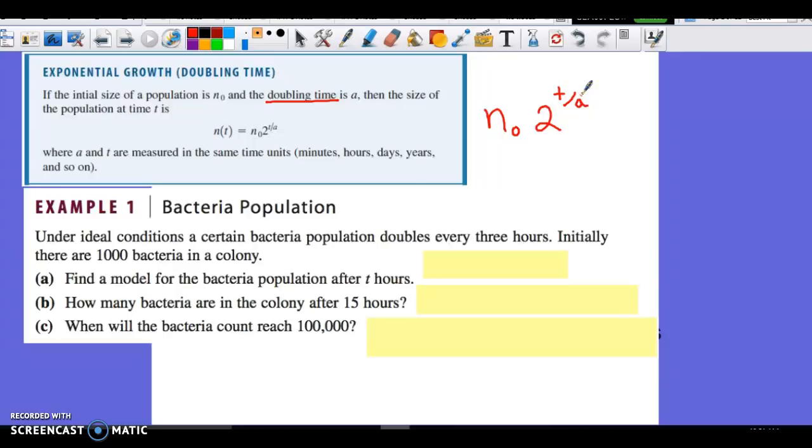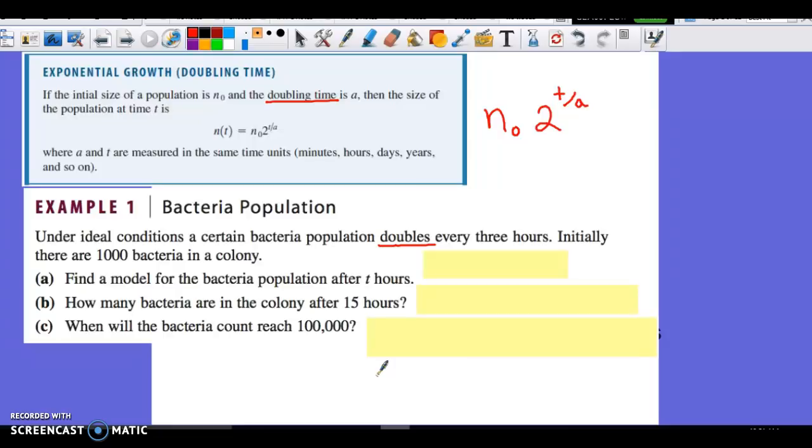Okay, so we're going to look at a bunch of examples. This first one is about bacteria, and it's talking about doubling, so that lets me use this formula. It's doubling every 3 hours, and there are 1,000 bacteria in a colony. So we're going to do 3 things. We're going to find a general equation for that using our new formula, and we're going to figure out how many bacteria there are after 15 hours.